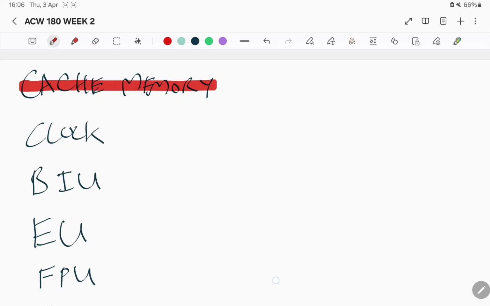Right over here, the bus interface unit. I'm just reading out this one. It's responsible for handling the communication between the CPU and other parts of the computer, such as the memory and input and output devices.